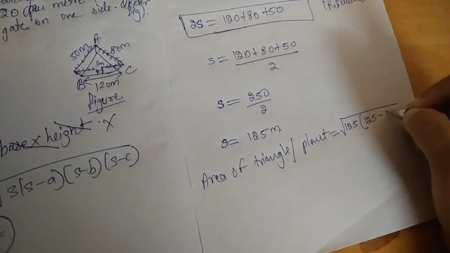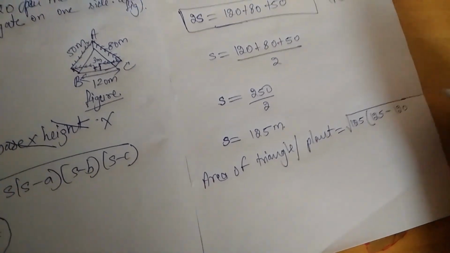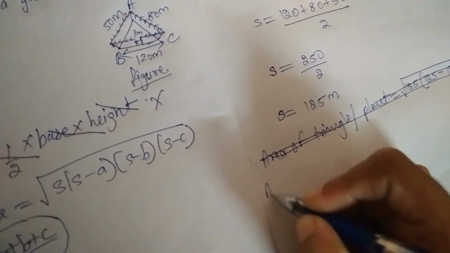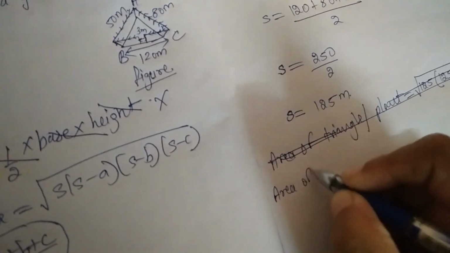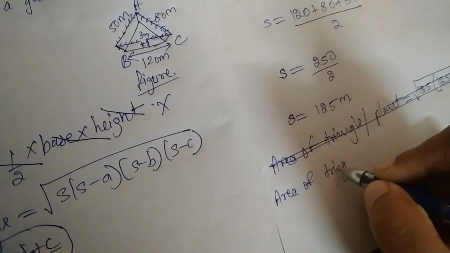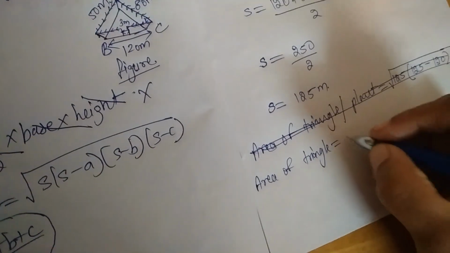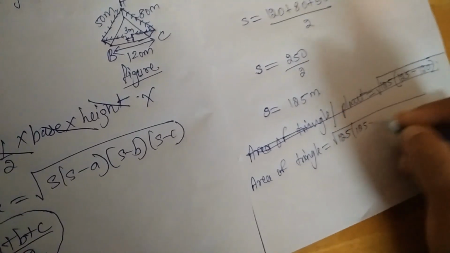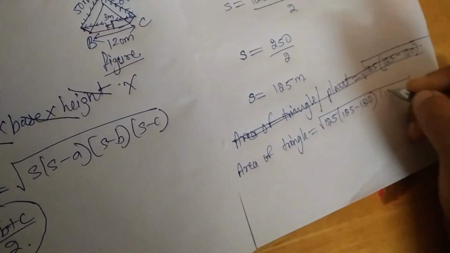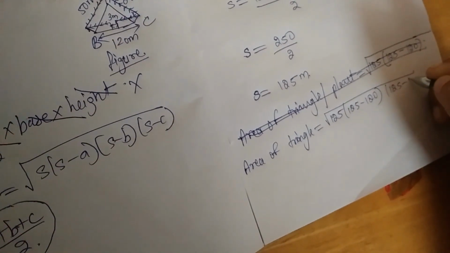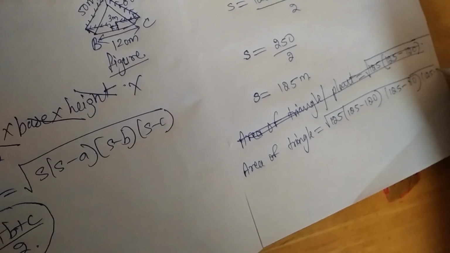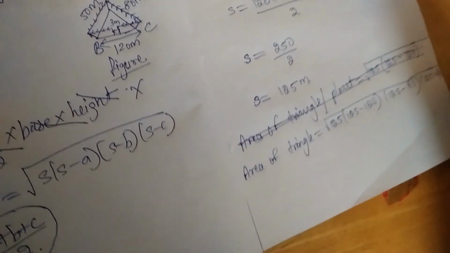So the area of triangle is equal to root of 125, 125 minus 120, 125 minus 80, and 125 minus 50.